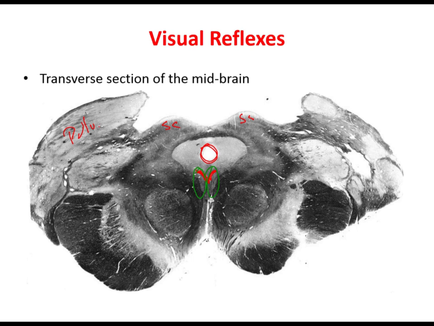You can see the Edinger-Westphal nucleus, and in green some of the fibers which are part of cranial nerve 3. The oculomotor fibers emerge on the anterior aspect between the two crus cerebri. And you can see at the midline these fibers, part of cranial nerve 3, which carry the efferent portion of the pupillary light reflex.